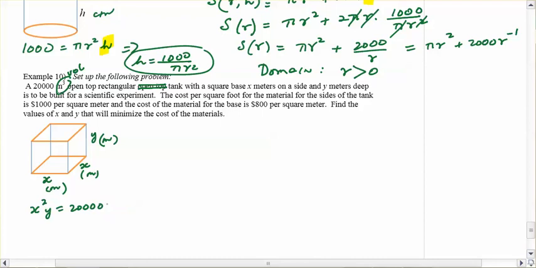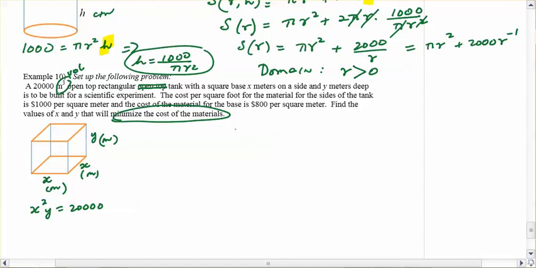That's what I'm given. The cost for the material for the sides of the tank is $1,000 per square meter, and I'm given the cost is $800 per square meter for the base. Find x and y that minimize the cost of the materials.